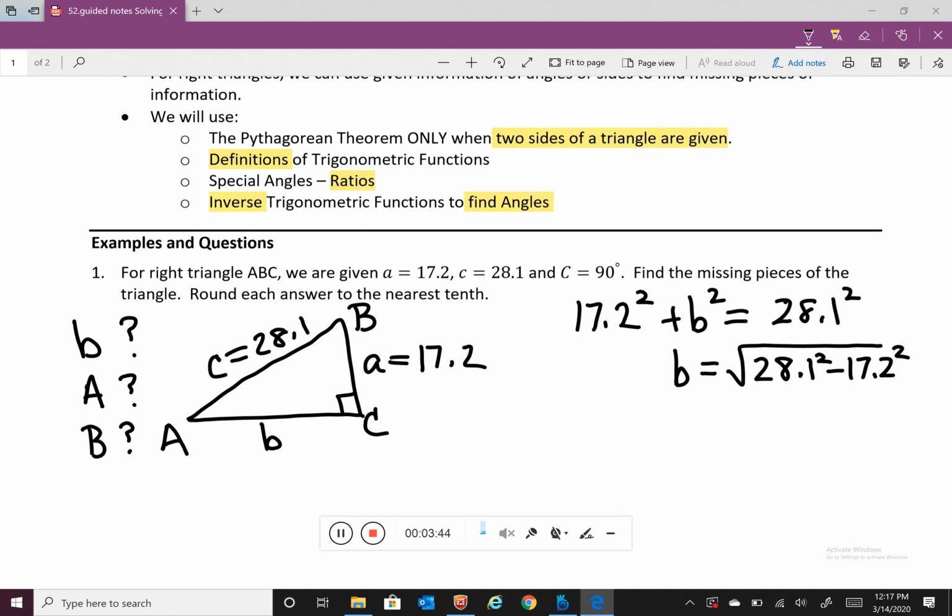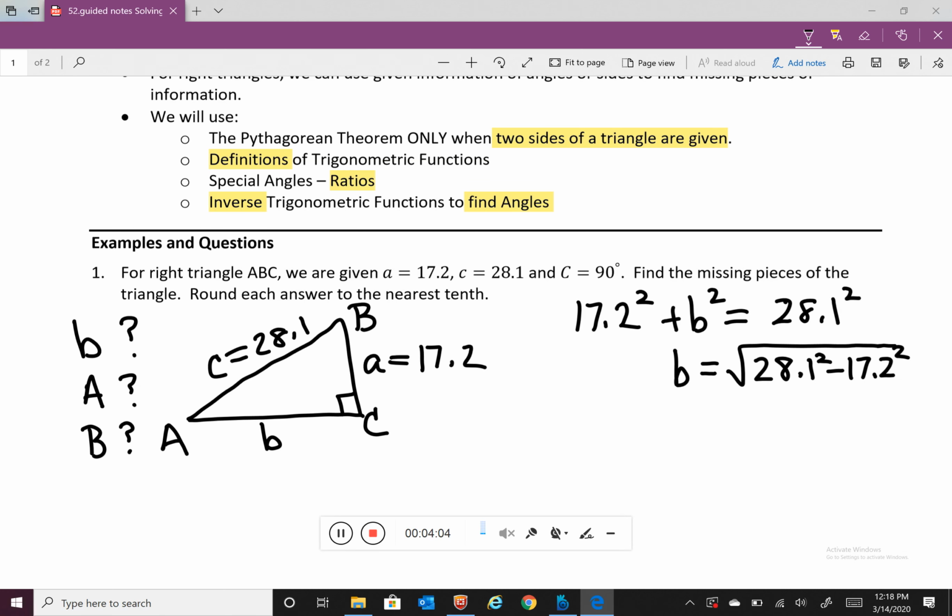Now, I really do not care what 28.1 squared is, nor do I care what 17.2 squared is. I'm simply using those values to find side b. So b is equal to the square root of 28.1 squared minus 17.2 squared.